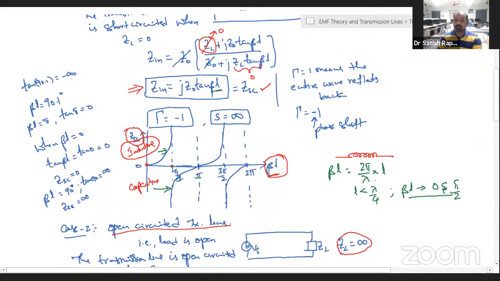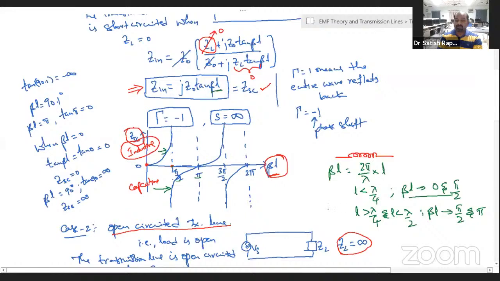Similarly, if L is greater than lambda by 4 and less than lambda by 2, then beta L is in between pi by 2 and pi.